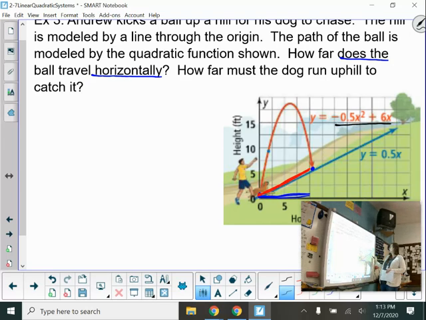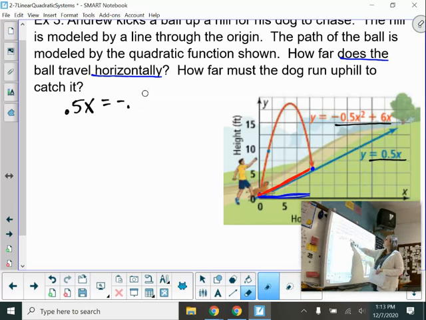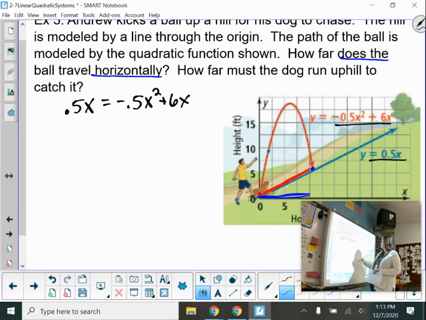And you can see here you have these two equations. You can actually just set these equal. So we can say 0.5x is equal to -0.5x squared plus 6x.